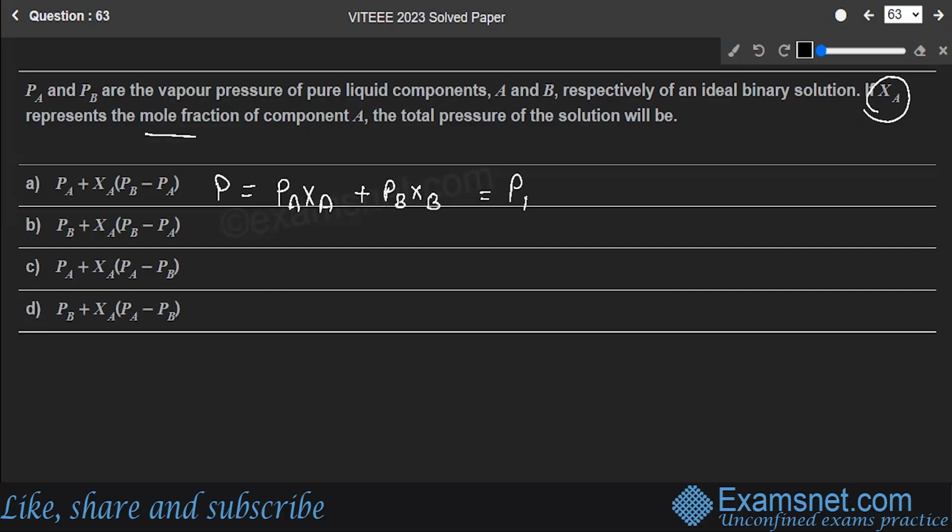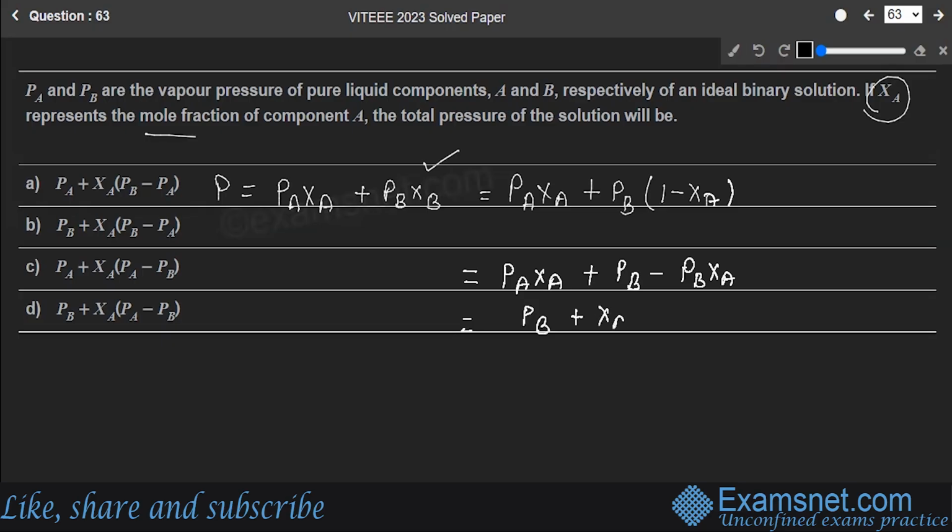So PAXA plus PBXB. Now XB will be 1 minus XA, right? Let's open it. You have PAXA plus PB minus PBXA. This is equal to PB plus, taking XA common, (PA minus PB)XA. This is D option. Hope you understood this.